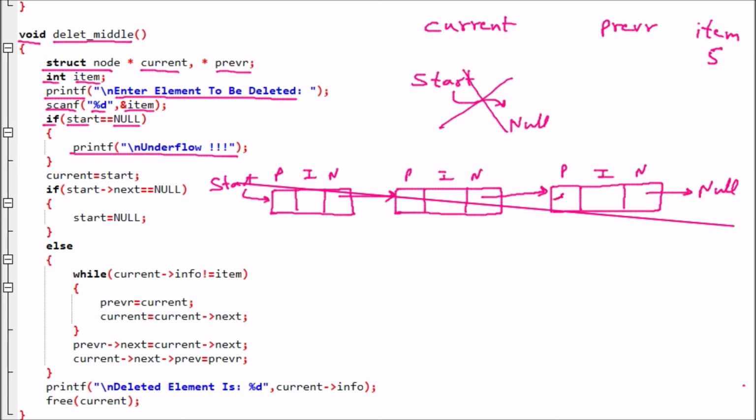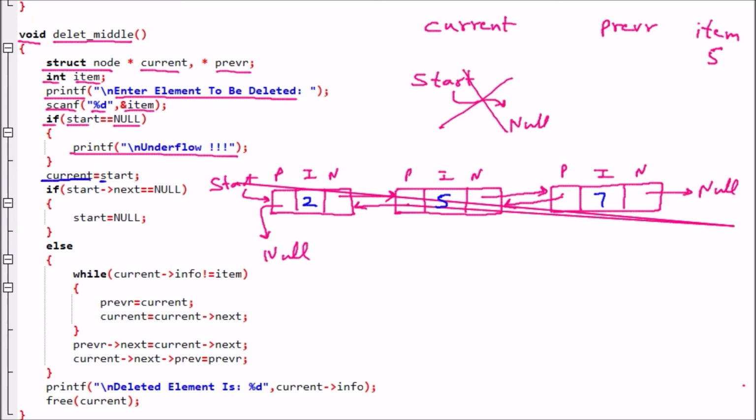And here previous is pointing to the previous node, and this one is pointing to null. Let us suppose that the items present here are 2, 5 and 7.